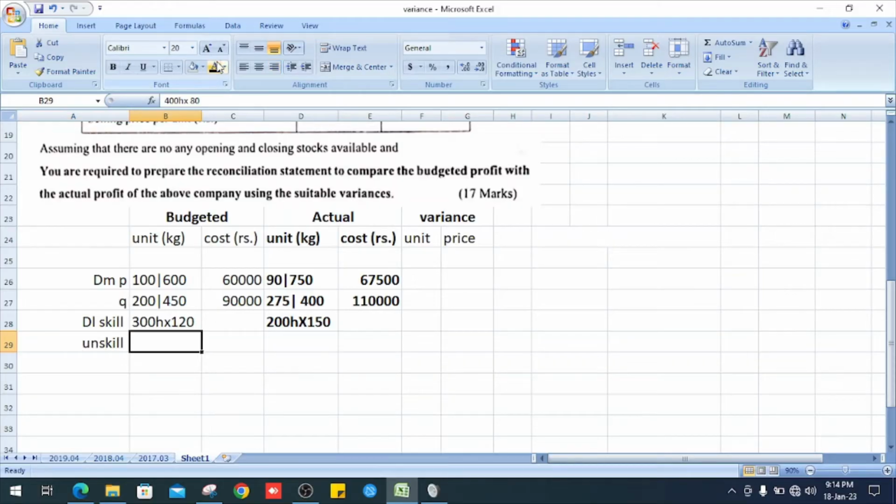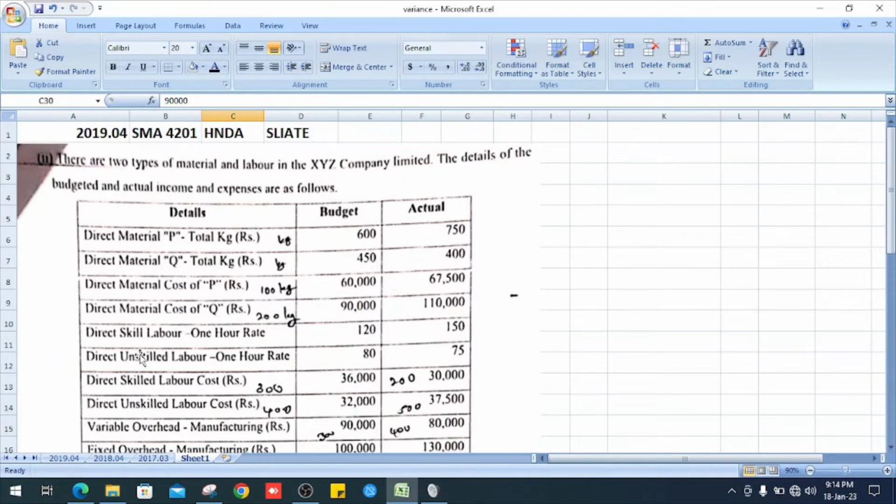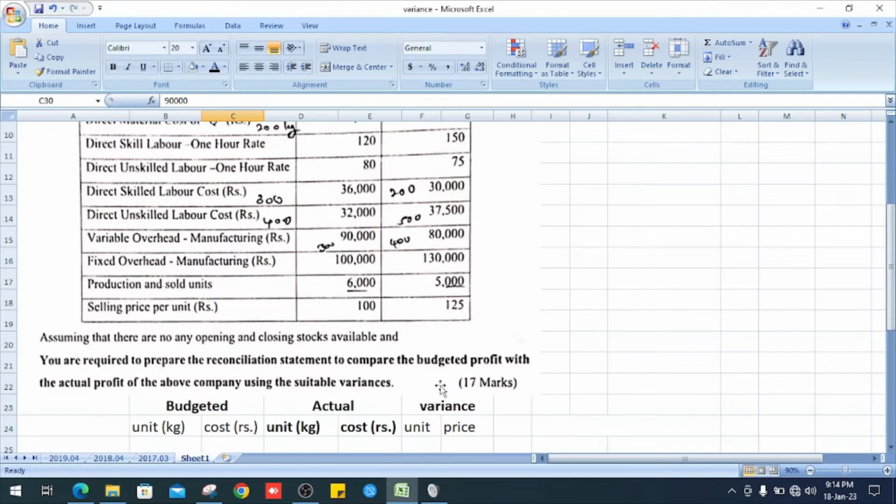Next, skilled labor cost is 36,000, actually 30,000.